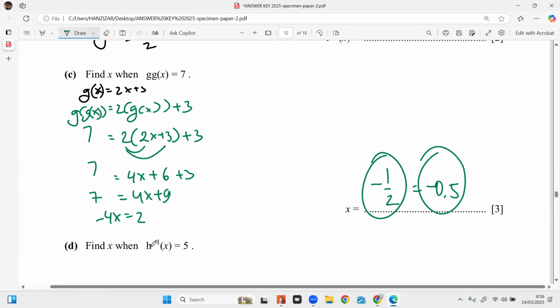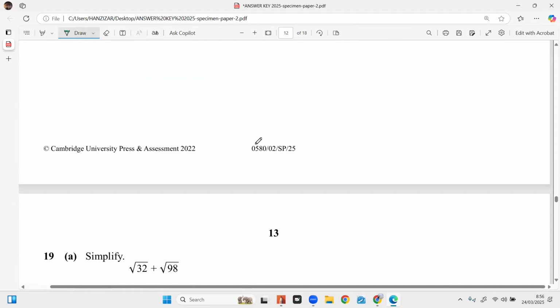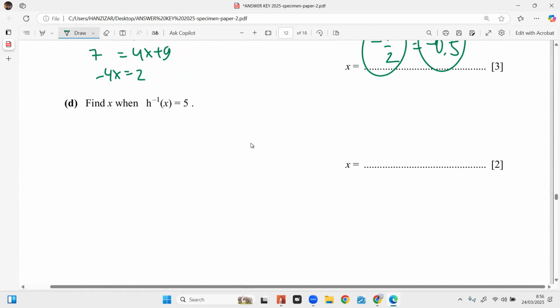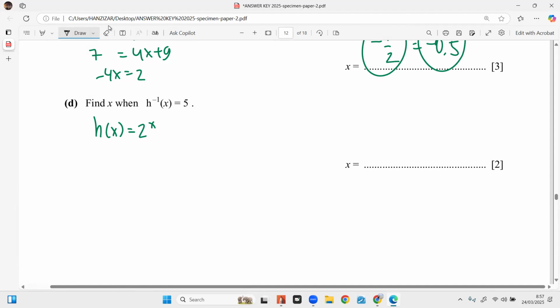Okay, next, H inverse. We have Hx as 2 power x. Before we do, you have to understand what inverse means. Rather than do the working like previously, I just do this. Can I just write h inverse 5 equals x? Yes. You only flip the x and 5, annihilating the power. H inverse 5 equals 2 power 5, 32.